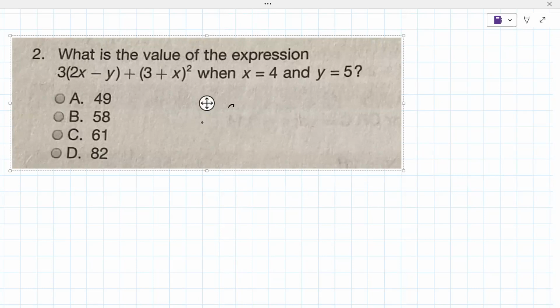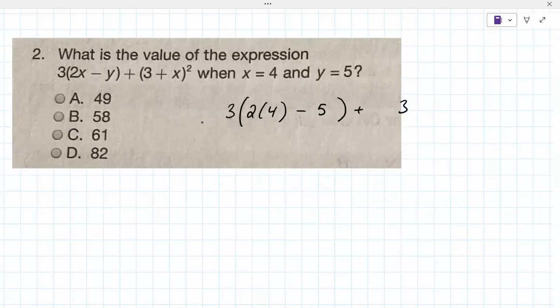So 3 parentheses 2 times 4 minus 5 plus 3 plus 4 squared. So did you write something like this down as your first line where you just put the numbers in? Okay, so order of operations. Inside parentheses, you have to multiply before you add or subtract.